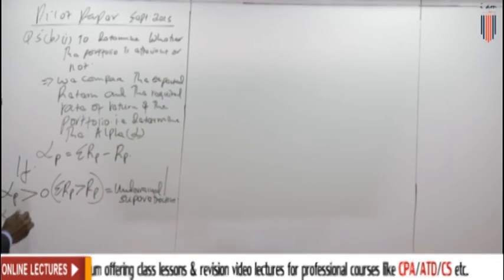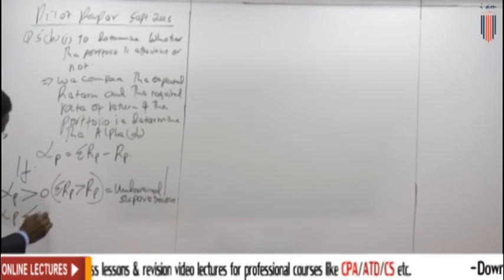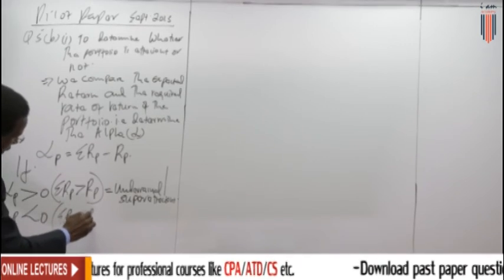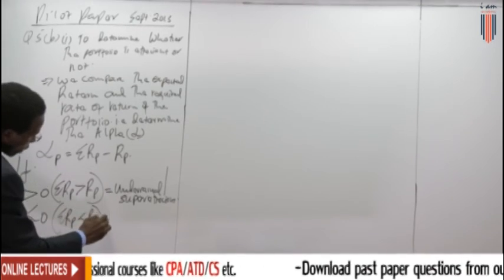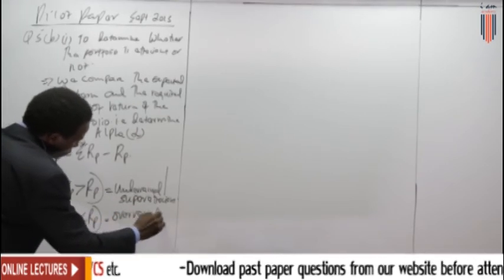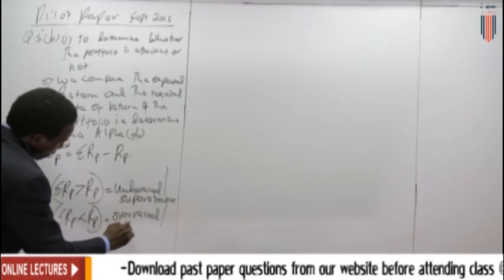If the alpha value of the portfolio is less than 0, or the expected return of the portfolio is less than the required rate of return of the portfolio, then it is overvalued. Inefficient.